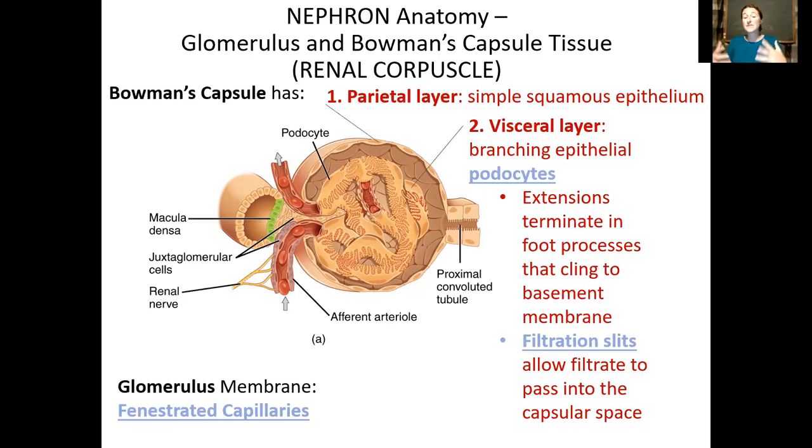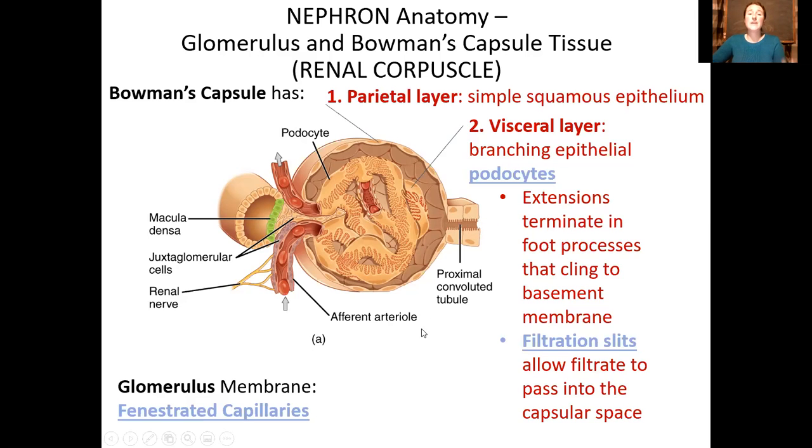Okay. What this does is it leaves just little tiny slits in between these little extensions here that add a second layer, a second type of filtration, right? The gaps themselves are called filtration slits. Okay, and they're what allow these substances within the plasma to flow from the capillaries into the space of Bowman's capsule, okay, and ultimately get pushed through this next portion of the tubule.